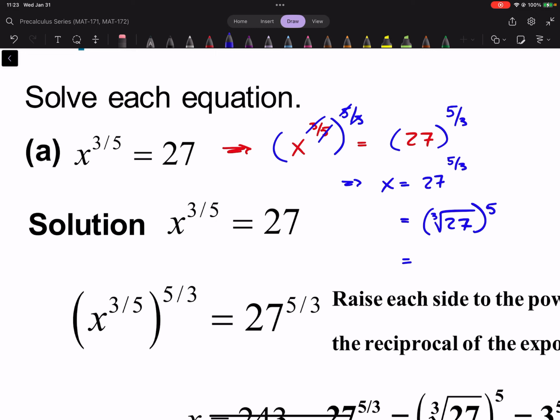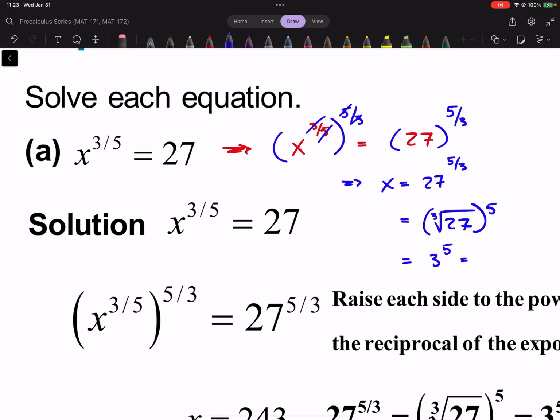Now, cube root means we're looking for something that can be multiplied by itself 3 times. So 3 times 3 is 9. 9 times 3 is 27. That means that the cube root of 27 is going to be 3.